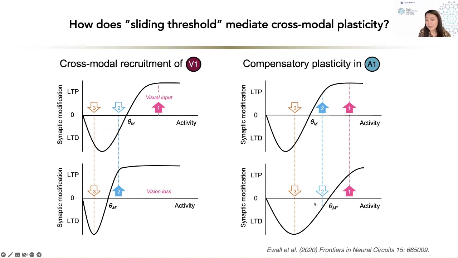So the theta M would get bigger, meaning that before, if there were two different frequencies that could activate this neuron because they were both crossing the threshold, now one of them will get depressed because it's falling below the new threshold. Therefore, you'll be selective to only one of them. This can narrow the tuning curve on its own and also refine the feature the neuron would detect. We believe this will be beneficial for this compensatory plasticity in auditory cortex because it will allow more refined processing of the auditory inputs.